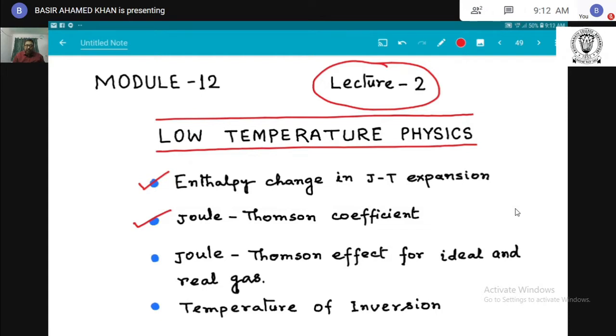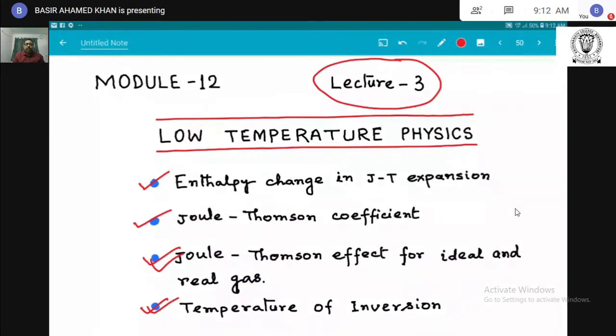Now, in this lecture, lecture 3, I will talk about the Joule-Thomson effect for ideal and real gas and the temperature of inversion. What is the temperature of inversion, and the relation of the temperature of inversion with the critical temperature and the boiling temperature.